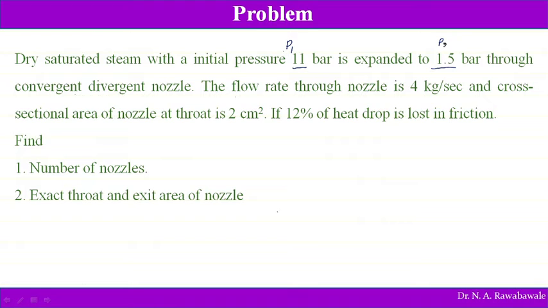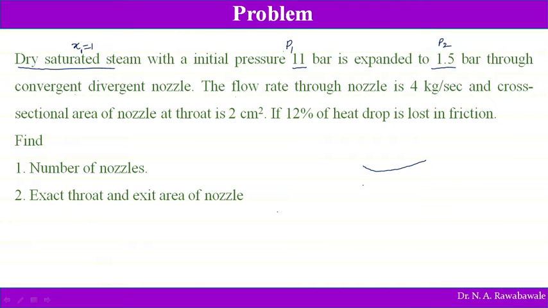Initially dry saturated indicates the dryness fraction of steam x1 is equal to 1. The steam is expanded through a convergent divergent nozzle.